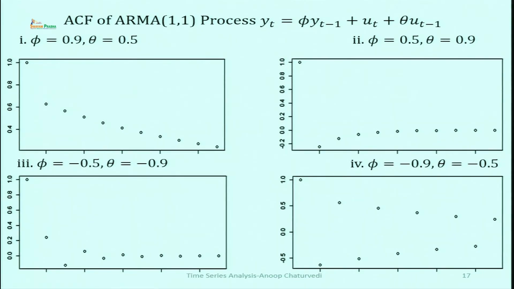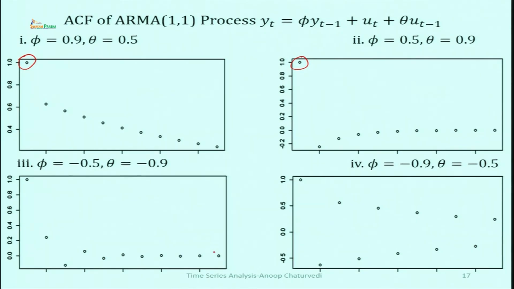Actually, this value is for k equal to 0, which is always 1. Again here also this value is for k equal to 0. In third graph, for phi equal to minus 0.5 and theta equal to minus 0.9, the first autocorrelation rho 1 is positive, then it becomes negative rho 2, rho 3 is again positive, rho 4 is negative.